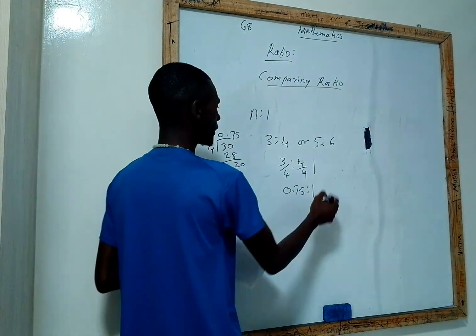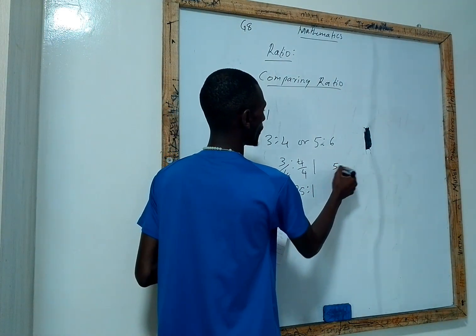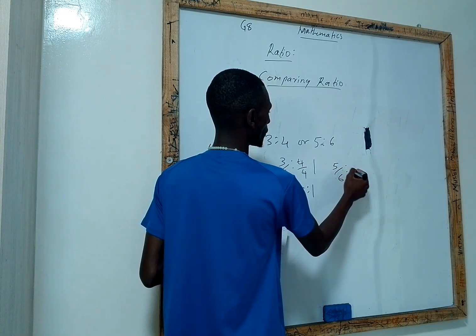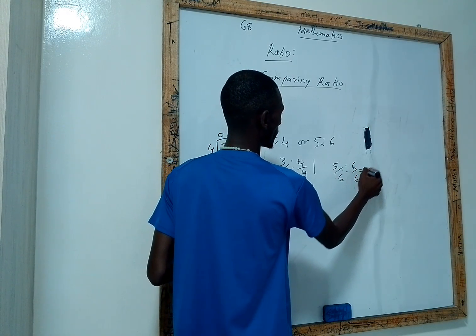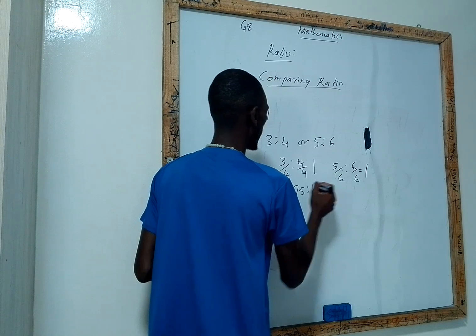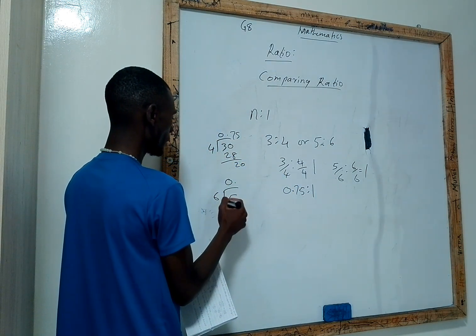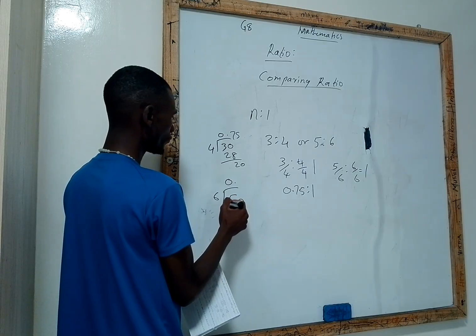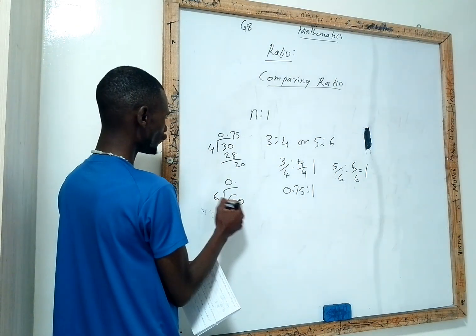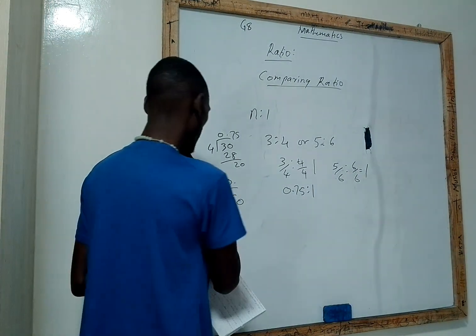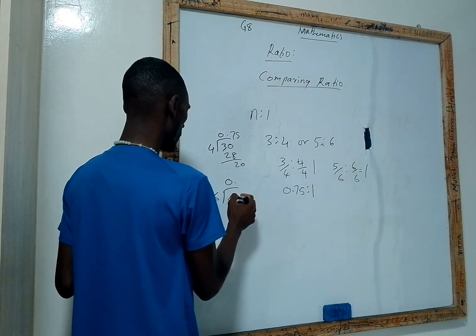Then we come to this side, 5 over 6 to ratio 6 over 6, so that you can get 1. If you divide 5 by 6, you will get 0.6. Is it 7 times, which is 40?